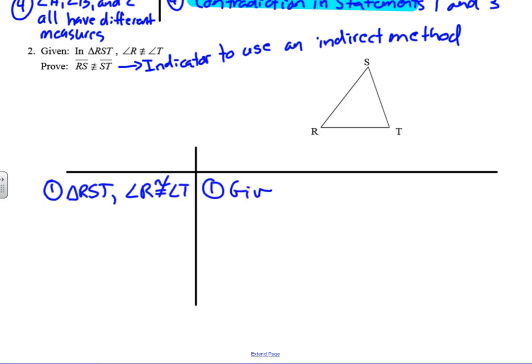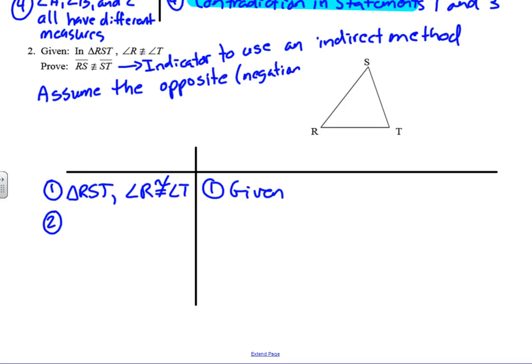Okay, that's given. All right, so step 2, we're going to assume the opposite, or another word for that is the negation in logic terms.